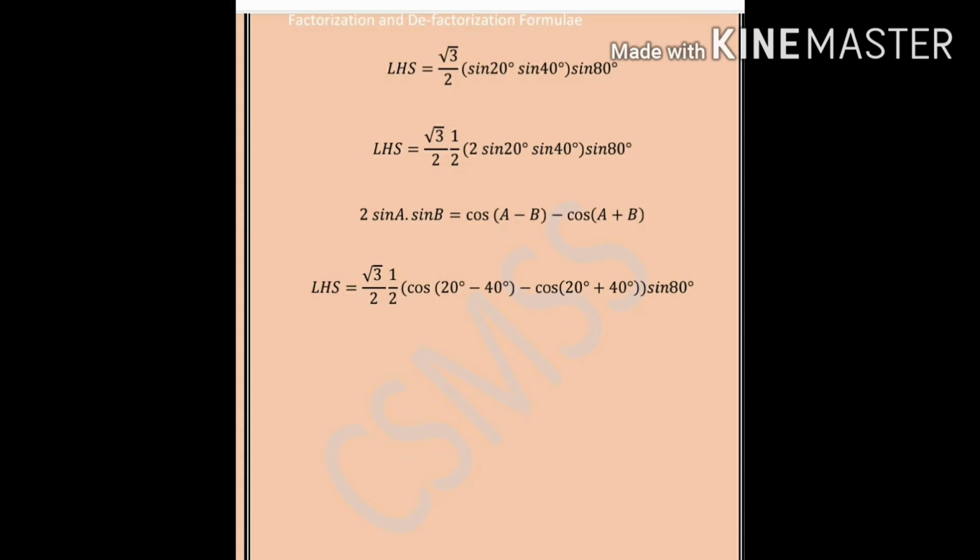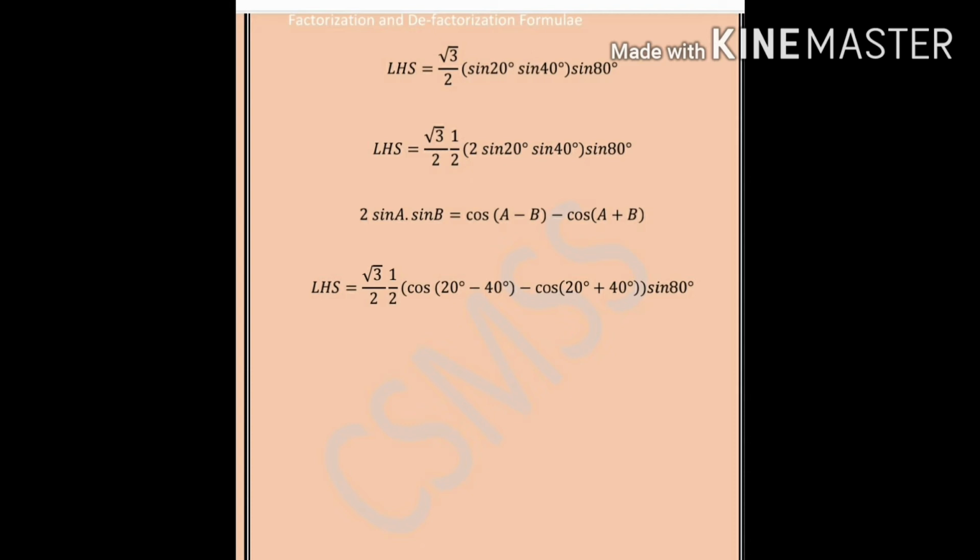close into sin of 80 degree, and in RHS multiply 2 and divide by 2, that is LHS equal to root 3 by 2 into 1 by 2 in bracket 2 into sin of 20 degree into sin of 40 degree bracket close into sin of 80 degree.